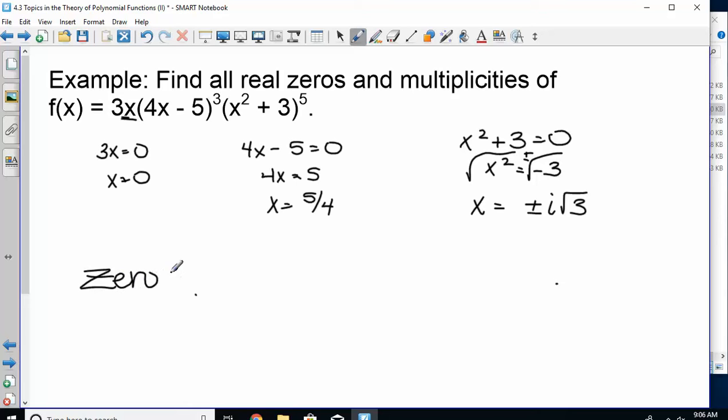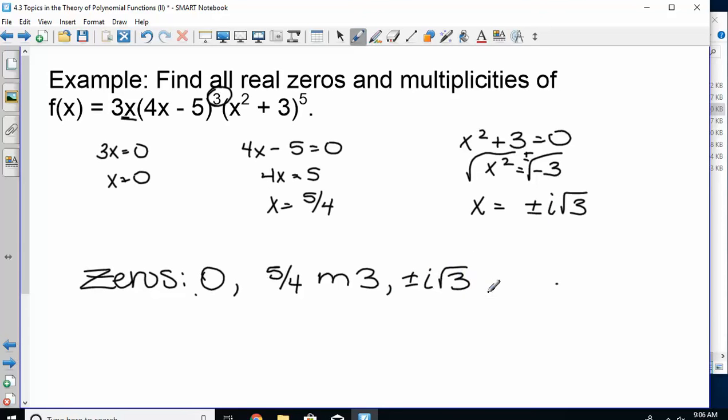So my zeros were 0, 5/4, but remember originally that one had a cube on the outside, so that is multiplicity 3. And then I had my plus and minus i radical 3.